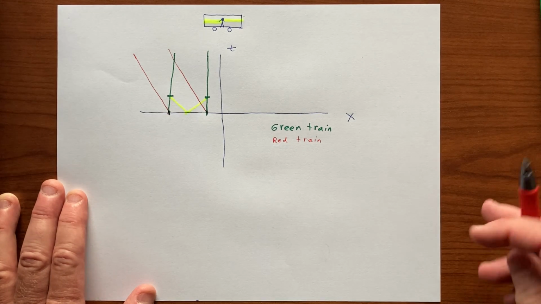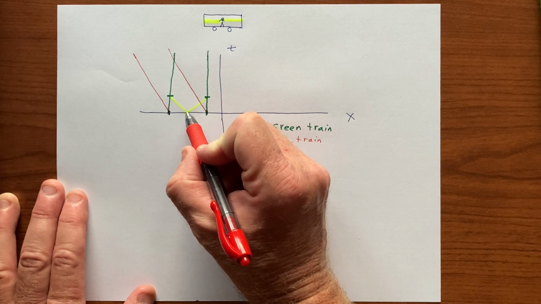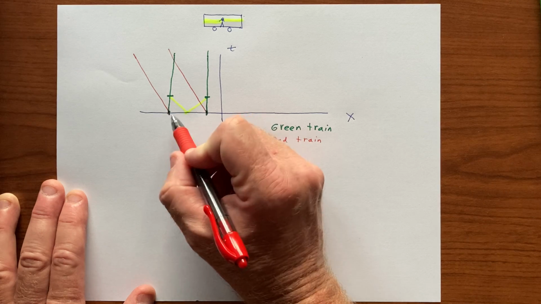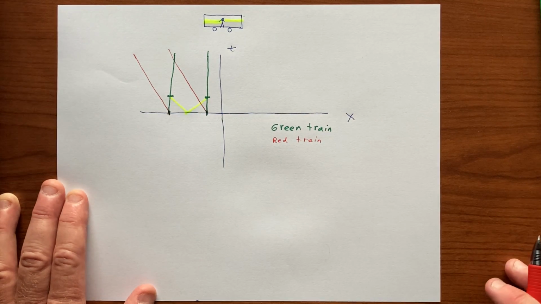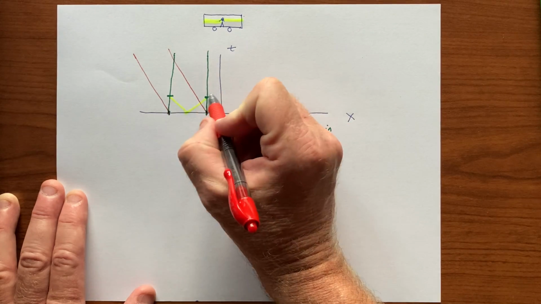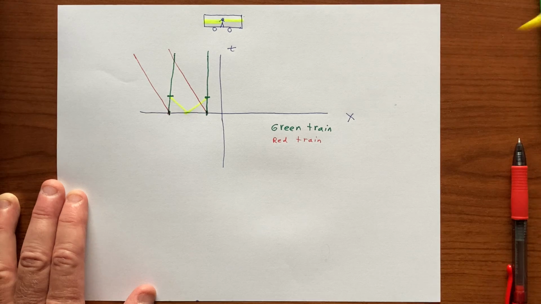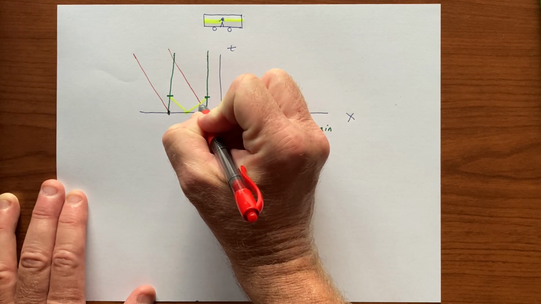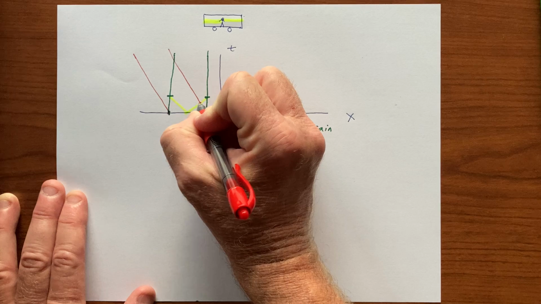And now, at the same moment that the green observer sends a light signal in both directions, so does the red observer who's standing on the red train. But it's the same on the space-time diagram. It's just the yellow line. But we can see that first light hits the back end of the train here. So that is right there.